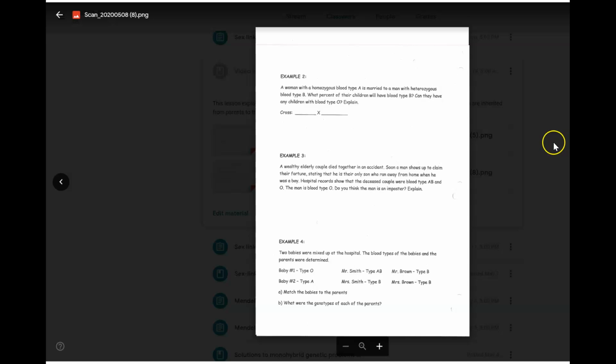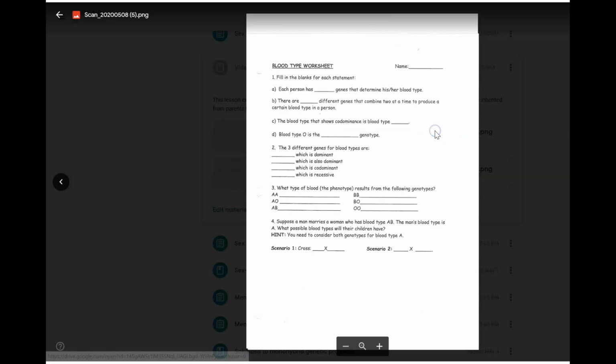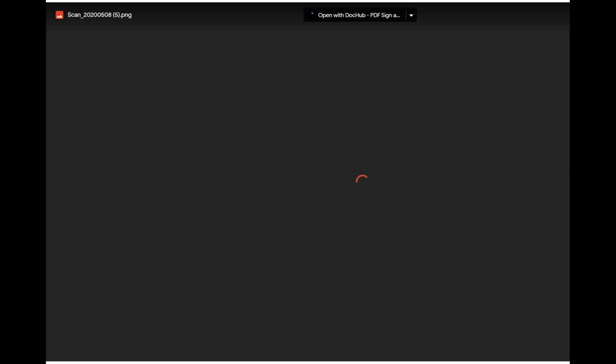Okay, and let's go back to the next page. Okay, how do we do this now? I think this is it. Oh yeah, the blood sheets.